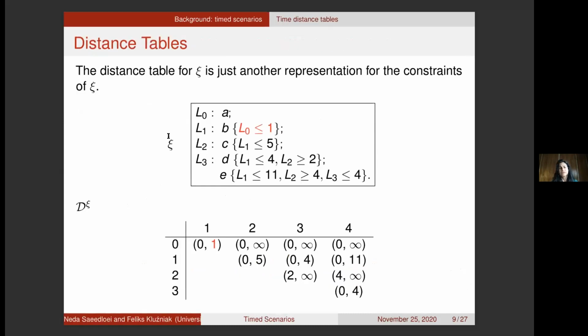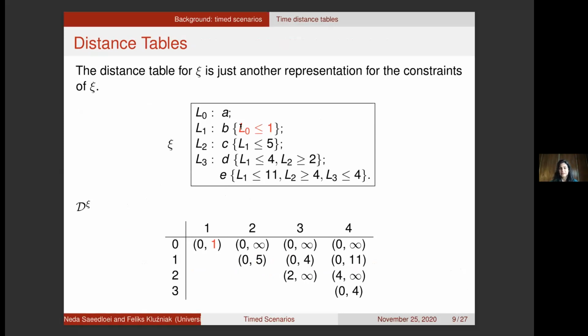So we propose another representation of the set of constraints of a scenario, and we call it the distance table. So for this scenario Psi, the distance table essentially has sets of pairs between each 2 events.